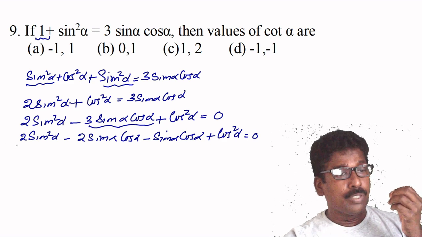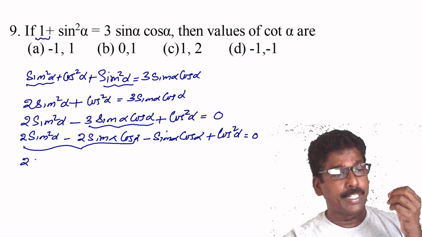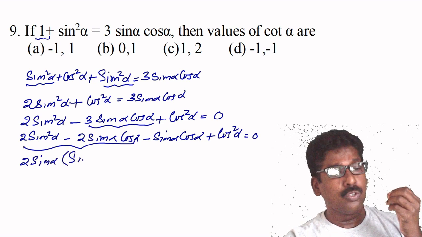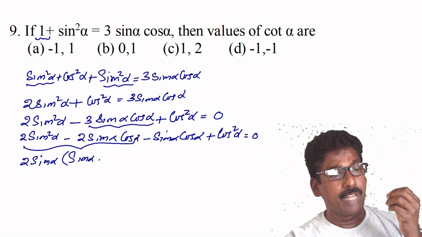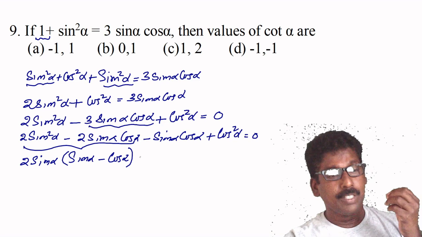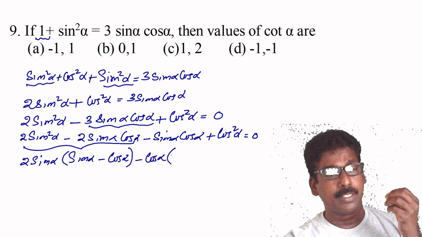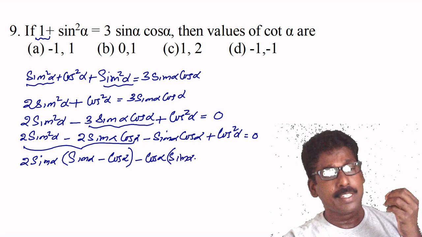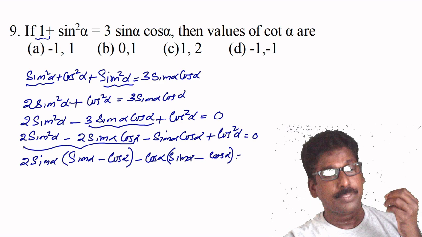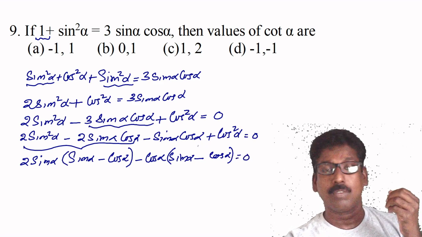Now take the first two terms. Here 2 you can take it as common, sin alpha also you can take it as common, so the remaining is sin alpha minus cos alpha. Here also minus cos alpha you can take it as common, then remaining is sin alpha minus cos alpha equal to 0. Minus of minus cos alpha plus cos alpha.